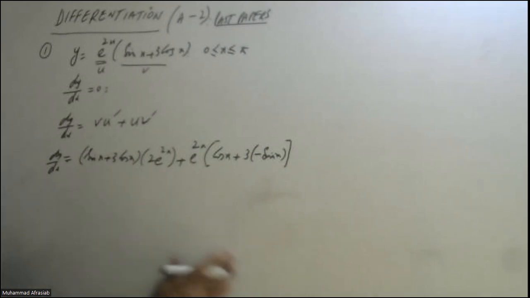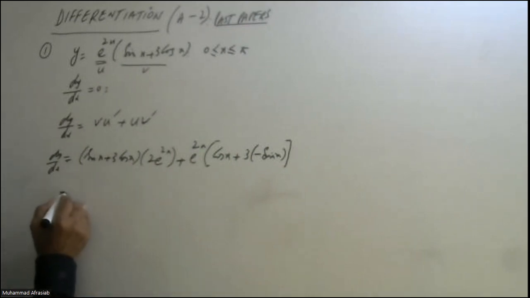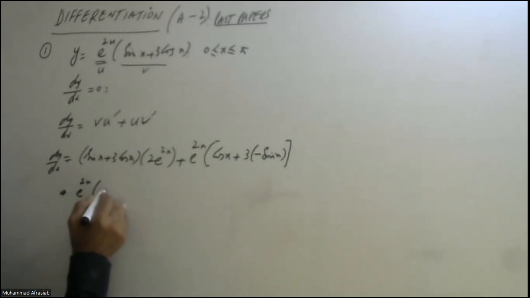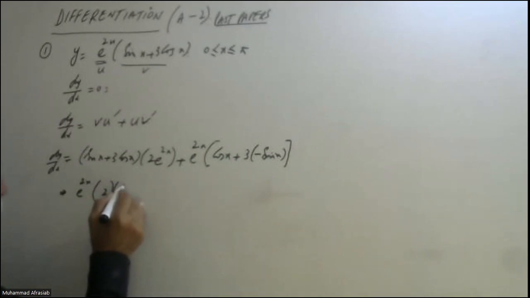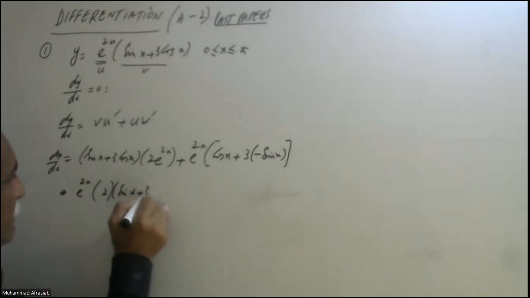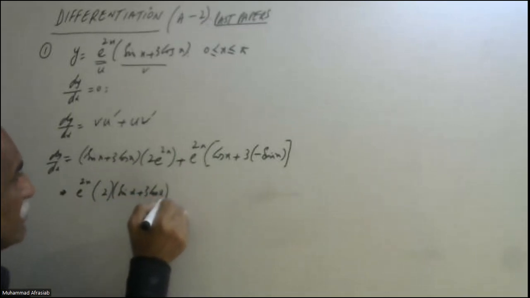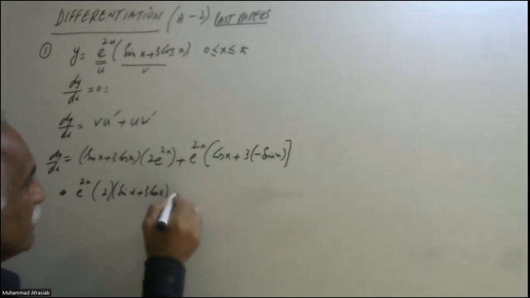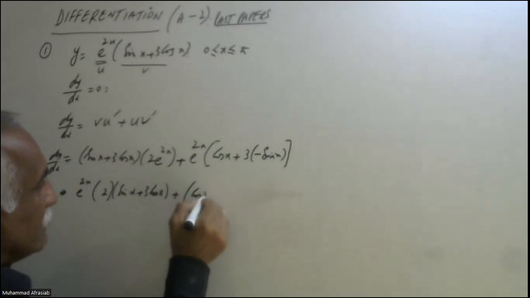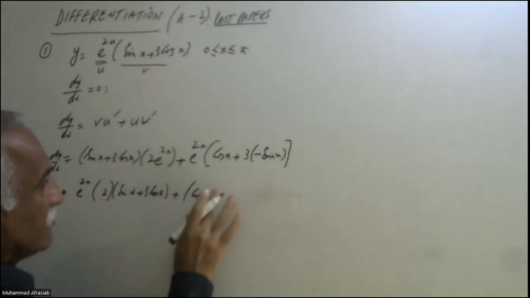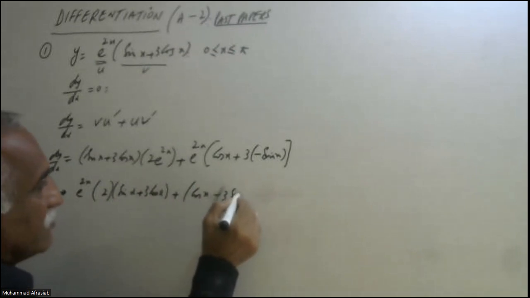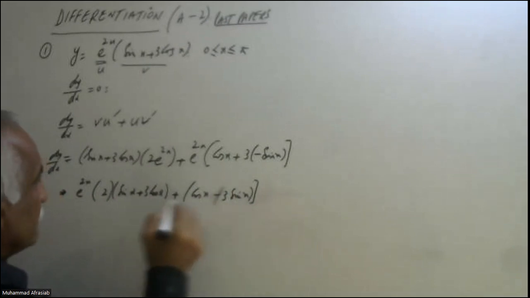Now we will put this equation equal to 0. So e power 2x is common. It is 2 into sin of x plus 3 cos of x plus cos of x minus 3 sin of x.